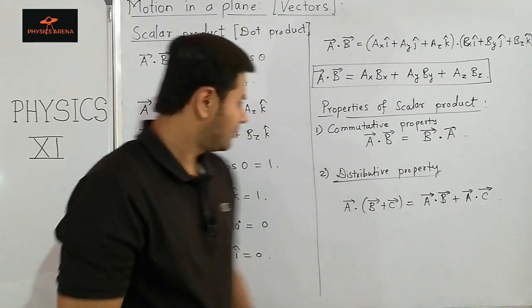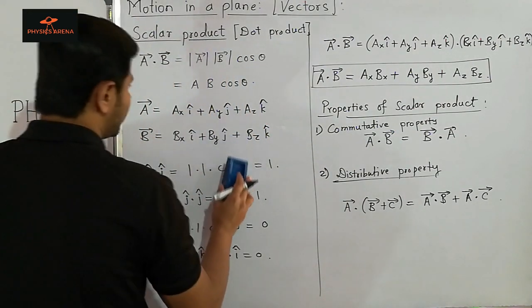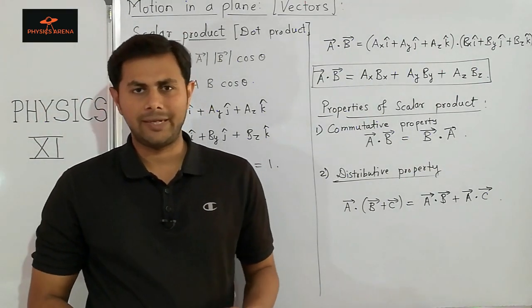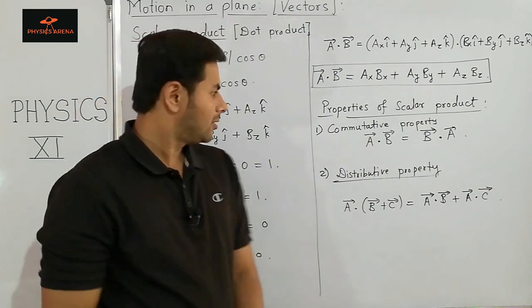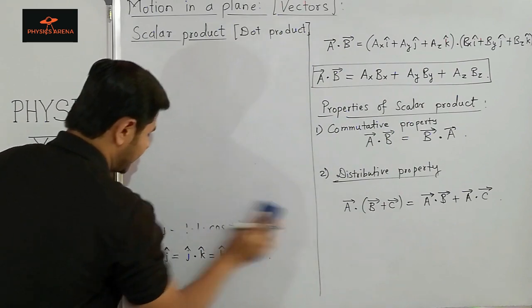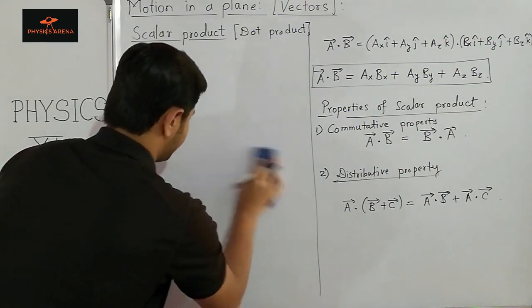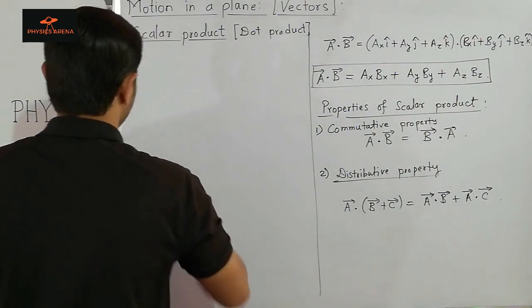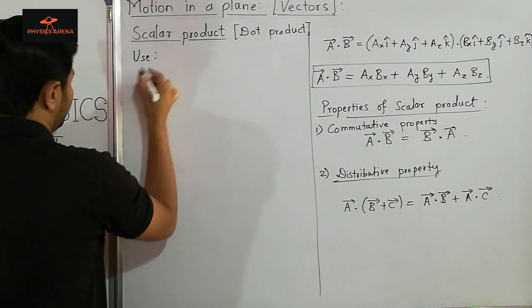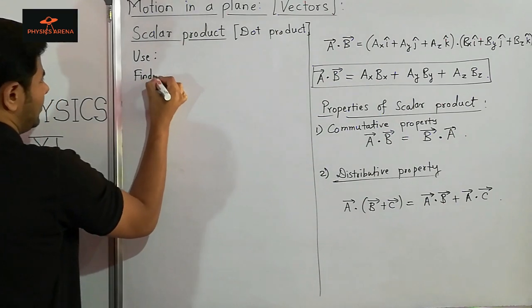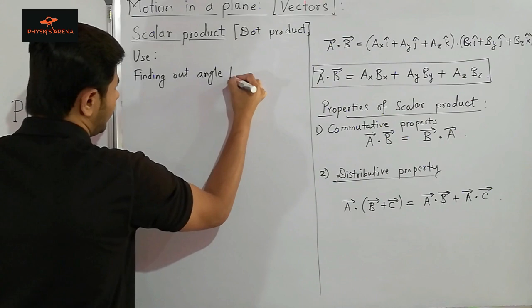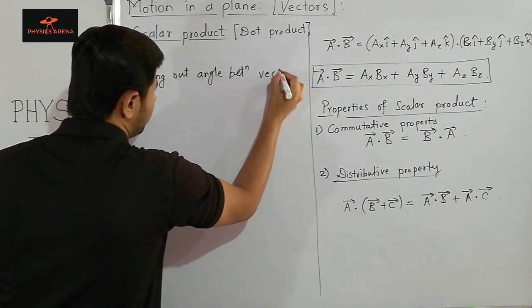Then let's see an application of scalar product. Obviously, the scalar product will appear in too many examples in physics. So we'll see another application or use of scalar product: finding out the angle between vectors.